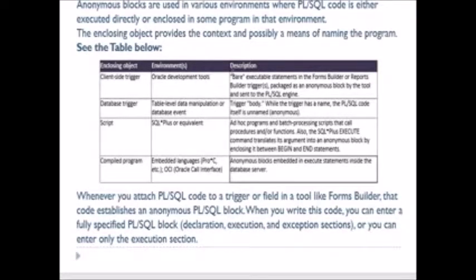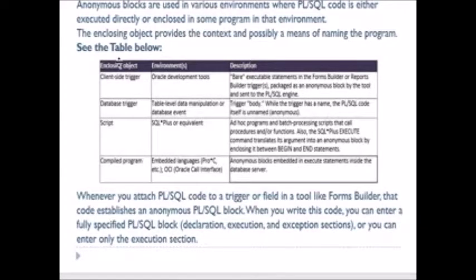Enclosing objects, environment, description. The client-side trigger is one of the enclosing objects. The environment is Oracle development tools, where executable statements in Forms Builder or Reports Builder triggers are packaged as an anonymous block by the tool.